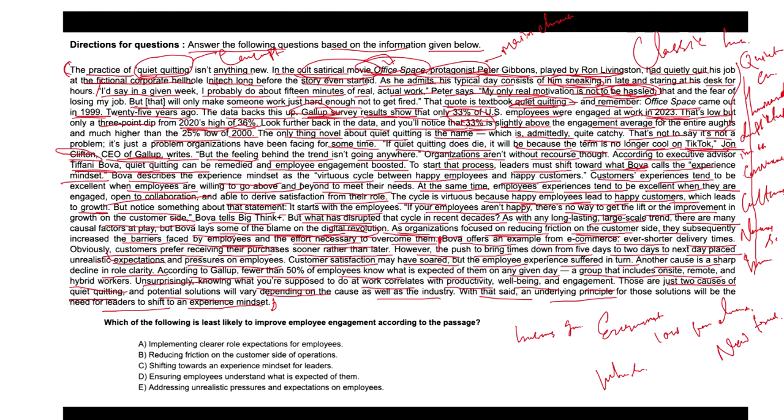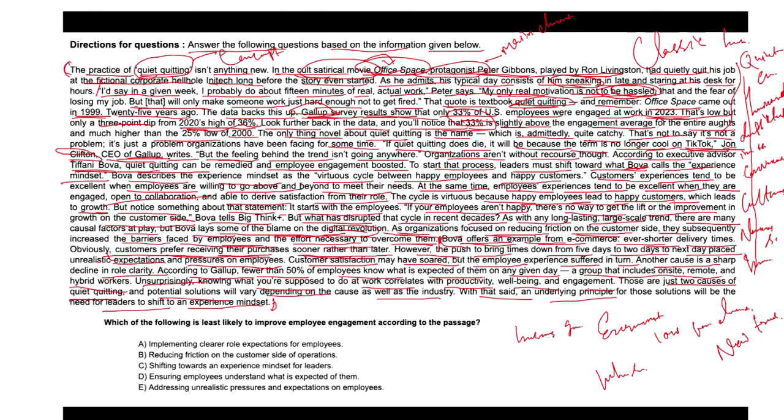Then if we go to the next one, what do we find out? The example that Bova pointed out here is ever shorter delivery times. Obviously, customers prefer receiving their purchases sooner rather than later, right?